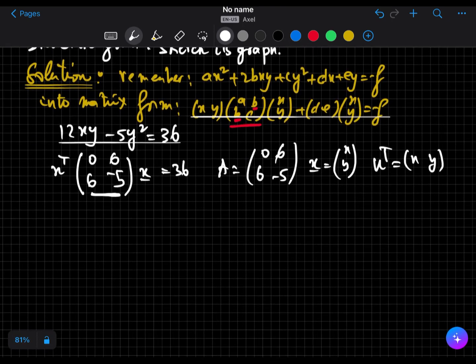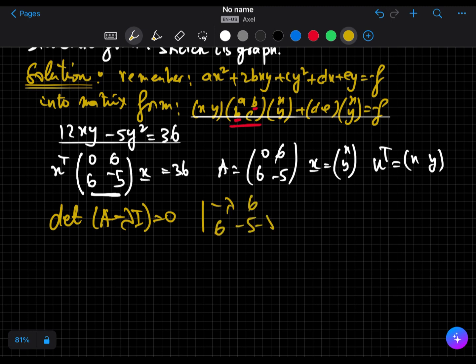Now, having this, I can solve for this matrix, finding the determinant and then the eigenvalues and the eigenvectors. So if I solve this equation to find the eigenvalues, I will have minus lambda, 6, 6, minus 5 minus lambda. So this will give me minus lambda times minus 5 minus lambda, minus 36.